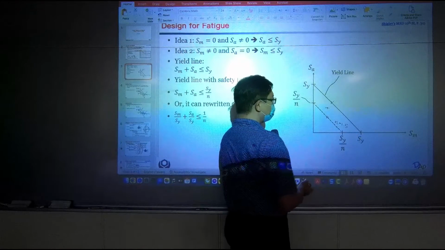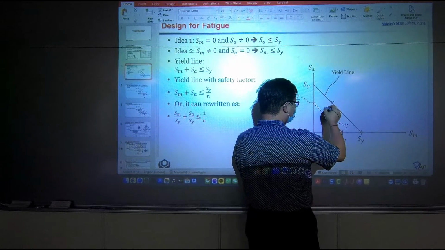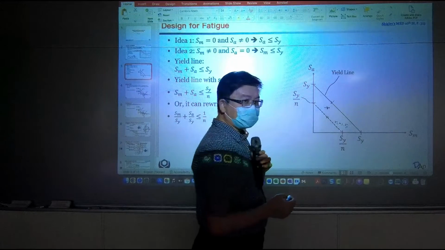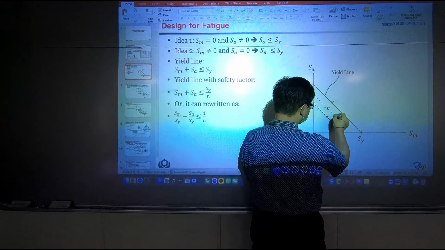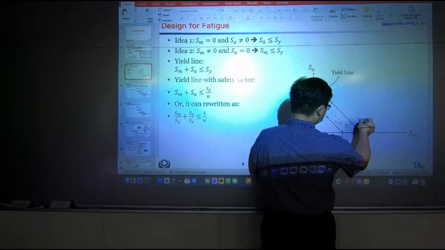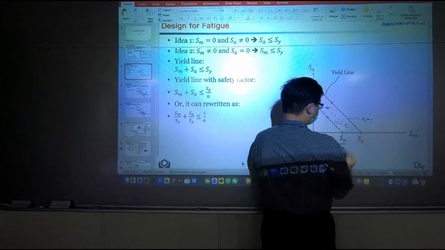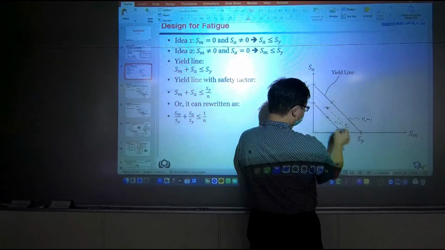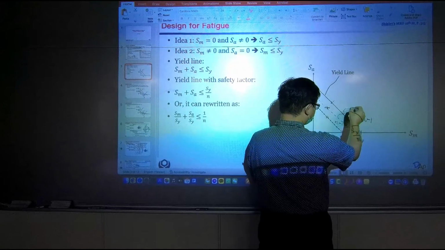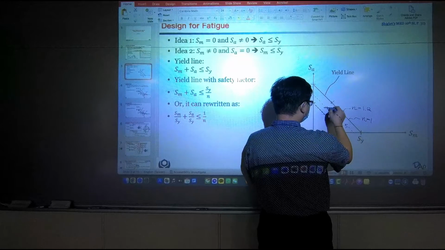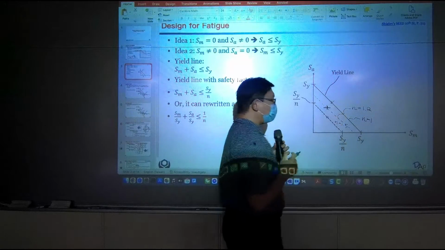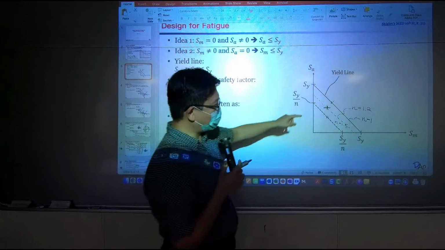So here the safety level equals 1. If this is 1.5, maybe over here the safety level is 1.2. So for this design, you only reach a safety level of 1.2.